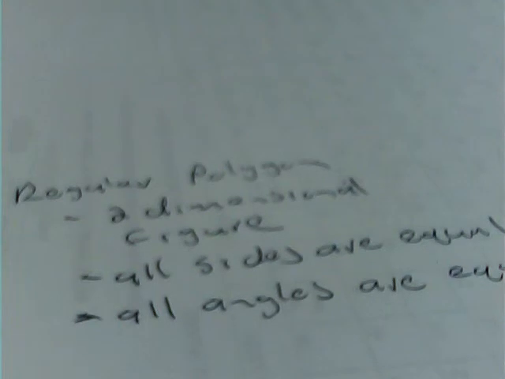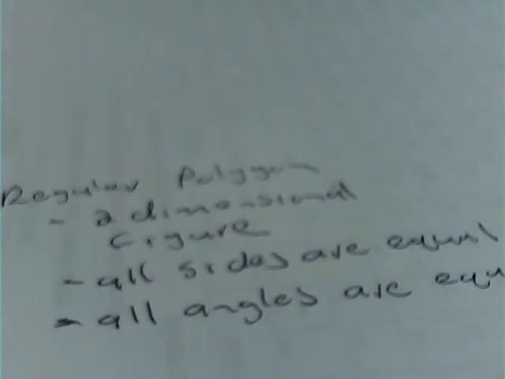I'm going to show you a few examples of regular polygons. First, we will start with a triangle.